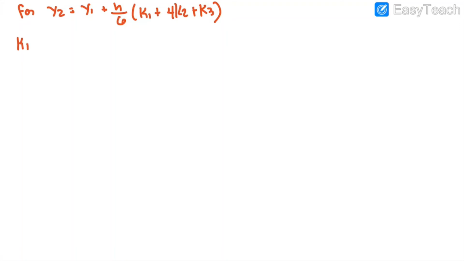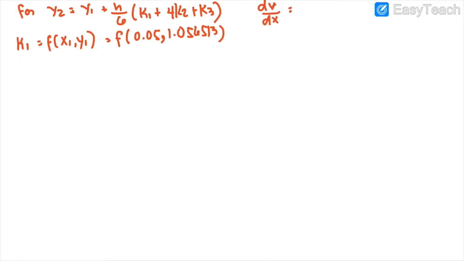Again, solving for k1, f of x1 and y1, that is simply f of 0.05 and y1 of 1.056513. Substituting that again to our equation for dy over dx, which is 3x plus y squared.